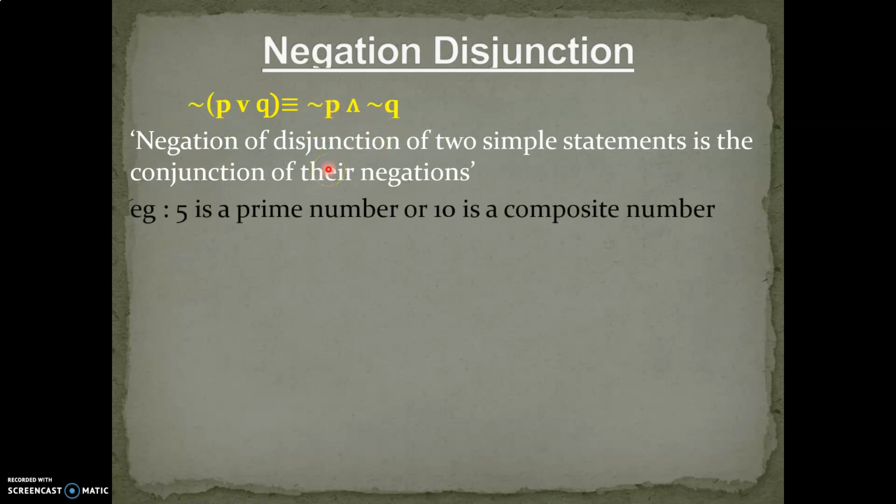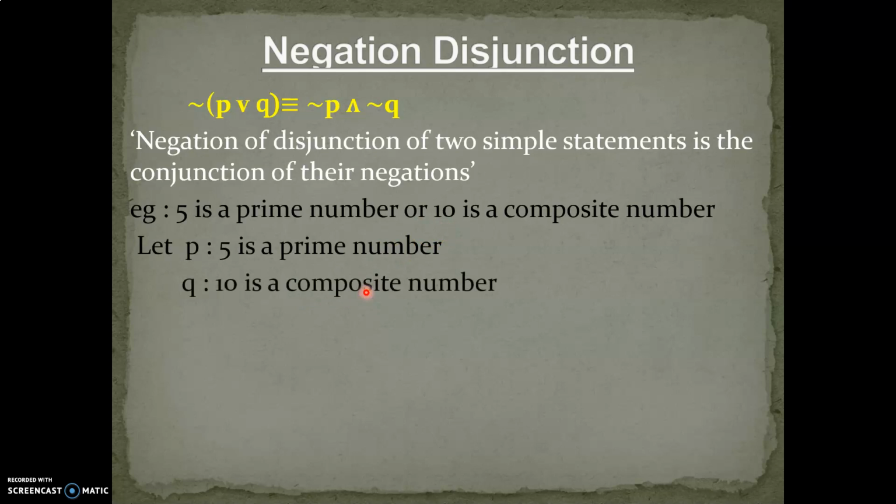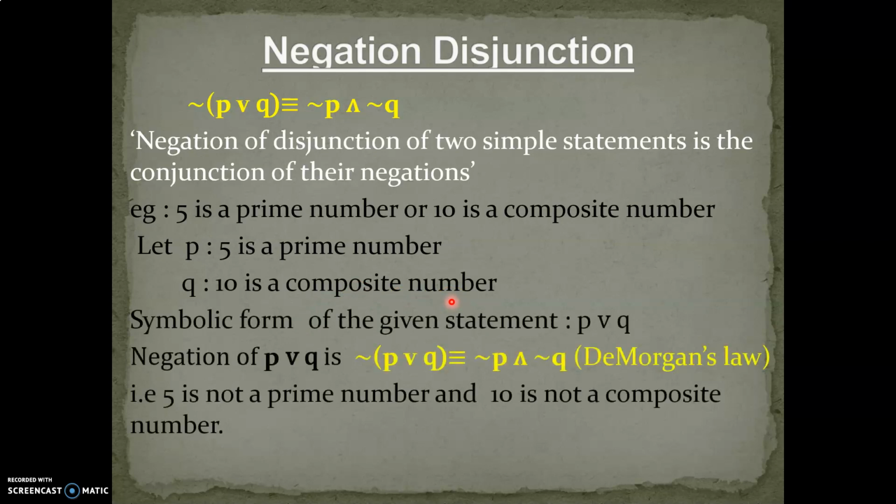Let's discuss with example. 5 is a prime number or 10 is a composite number. We'll split the statements first. So let P: 5 is a prime number and Q: 10 is a composite number. Now we'll write the symbolic form of this one. So symbolic form of the given statement is P or Q. Now we have to find the negation of this one. So negation of P or Q is equivalent to negation P and negation Q. Again De Morgan's law.